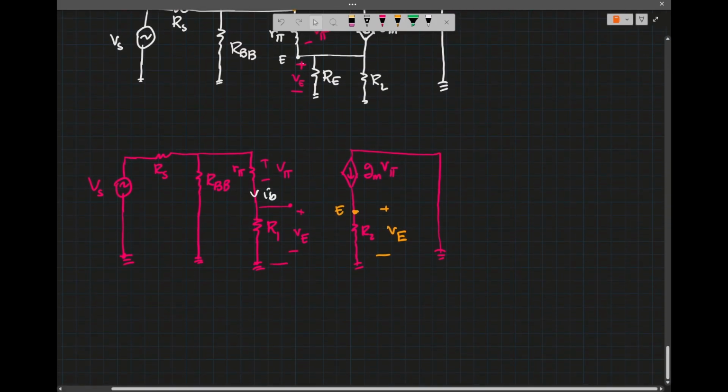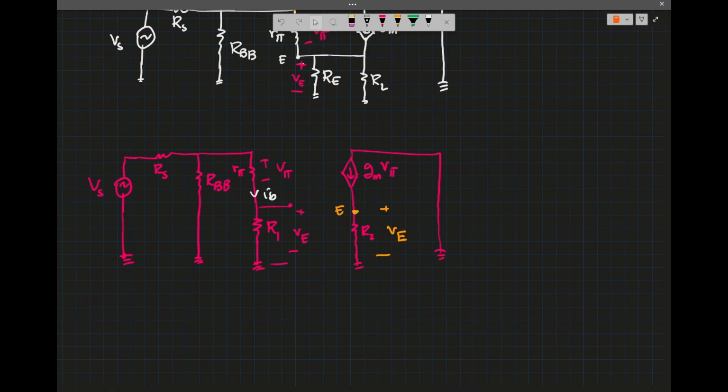To maintain the network, not change it, we still have IB here, and here we have IC going through the collector, the same current that's going through R2.